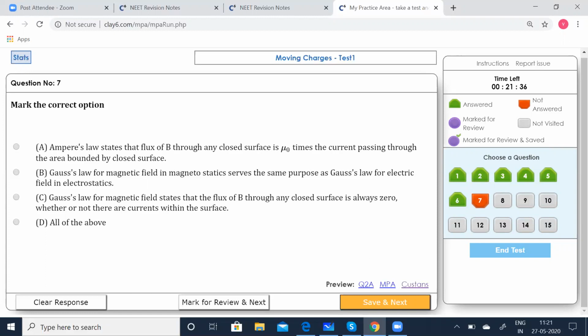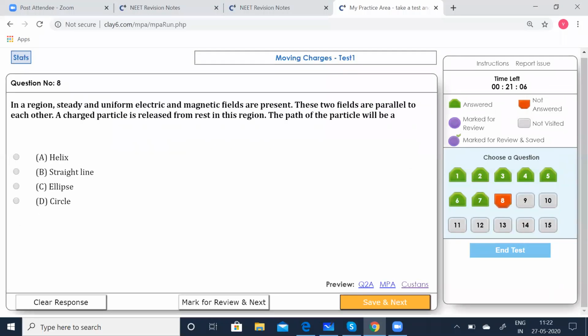Gauss's law for magnetic field in magnetostatics serves the same purpose, yes, that is also true, because as I told you, Gauss's law can be applied for magnetic fields too, as that is also related to charges. And the third statement says the flux of B through any closed surface is zero. Whatever statement is true for electrostatics is going to be true for Gauss's law for magnetic field also. So all of the above is correct. Click that, go to the next.